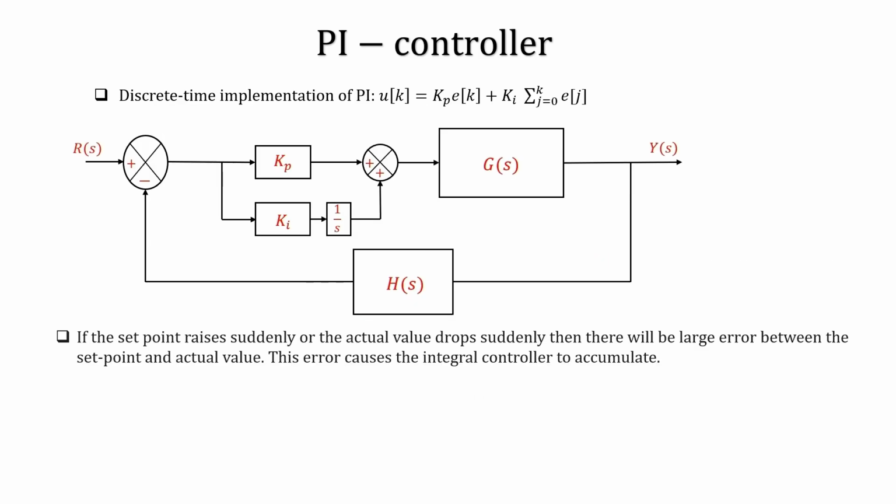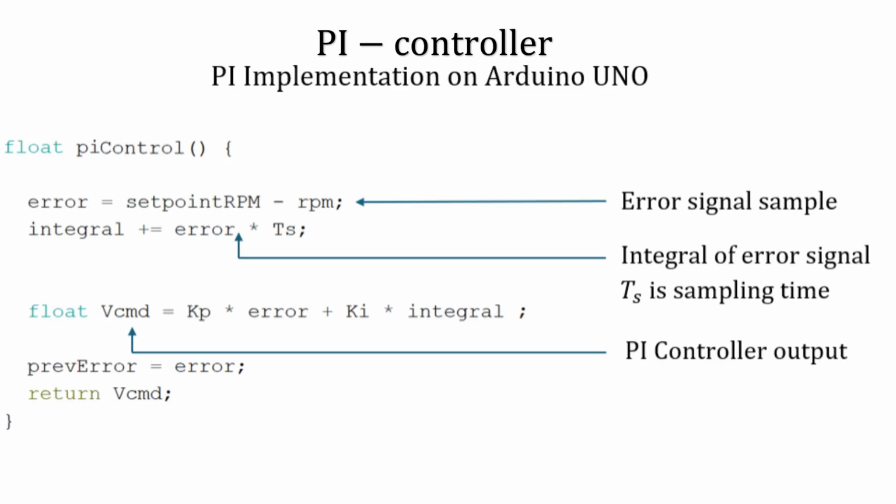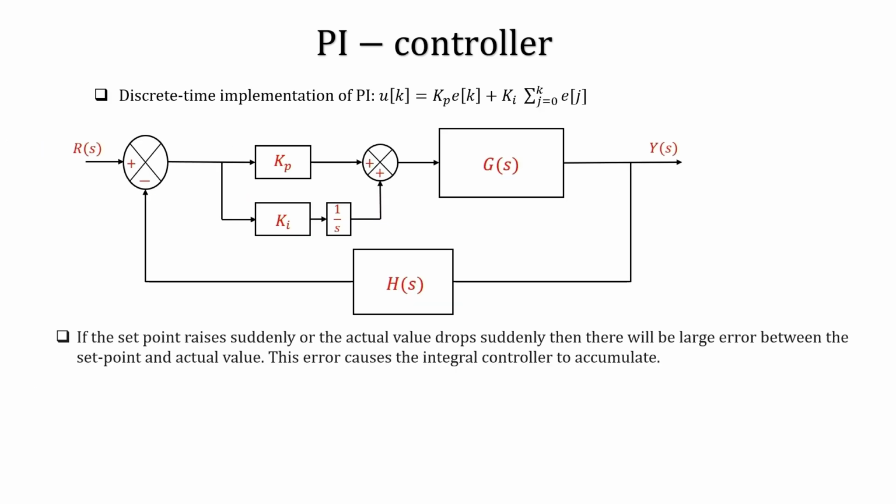Now comes the question of what the problems of a PI controller are. PI controller implementation is also easy, right? There is no problem of non-causality in this case like that of the PD controller. But in case of a PI controller, there are some other issues. What are the issues? Suppose that the set point rises suddenly. Again, the same problem as the D part.